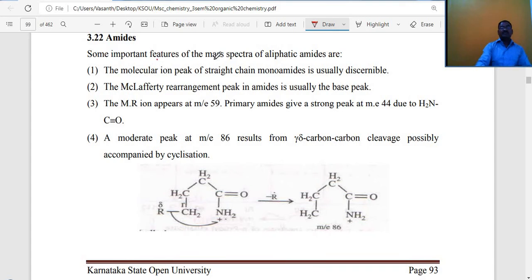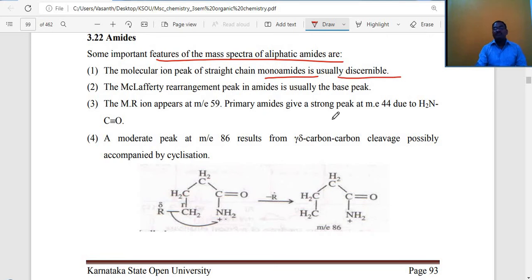Now amides. Some important features of the mass spectra of aliphatic amides: the molecular ion peak of straight chain monoamides is usually discernible. The McLafferty rearrangement peak in amides is usually the base peak. The McLafferty rearrangement ion appears at M by E 59.